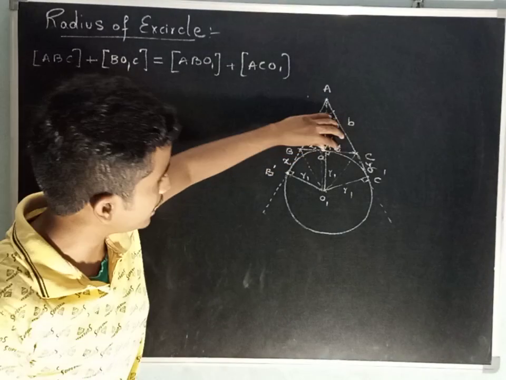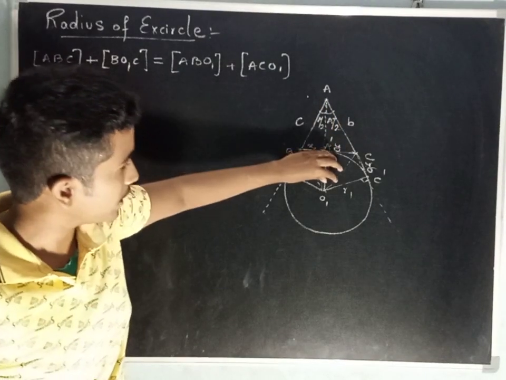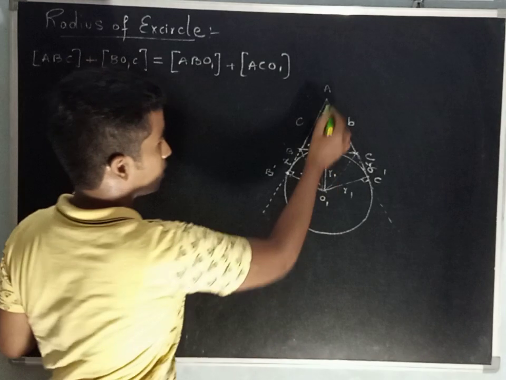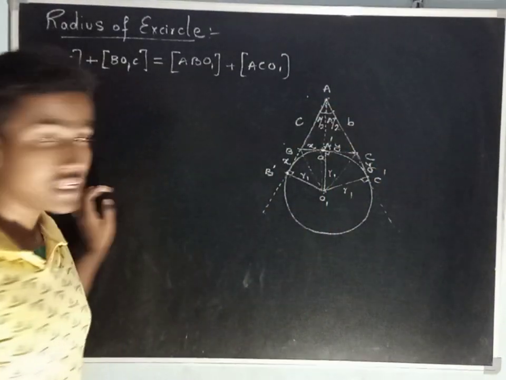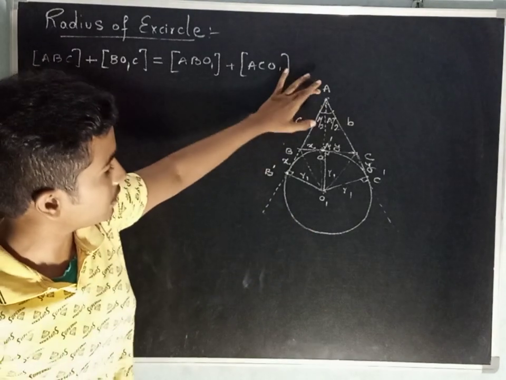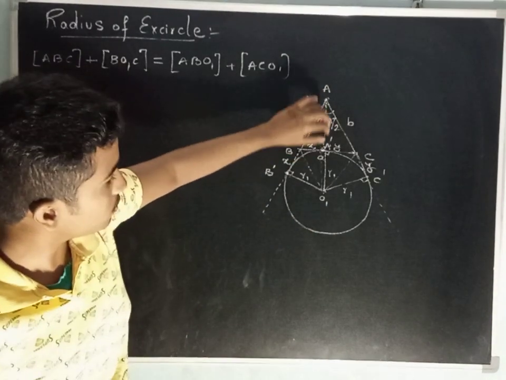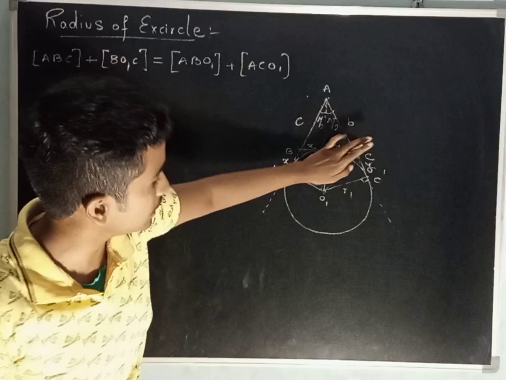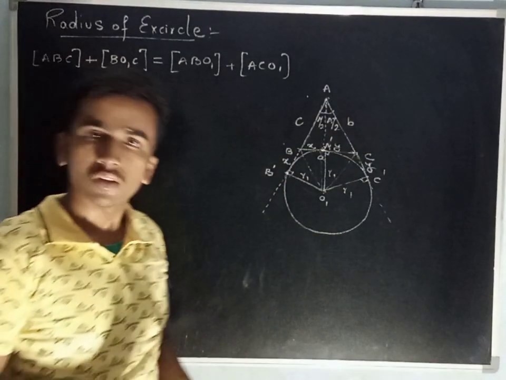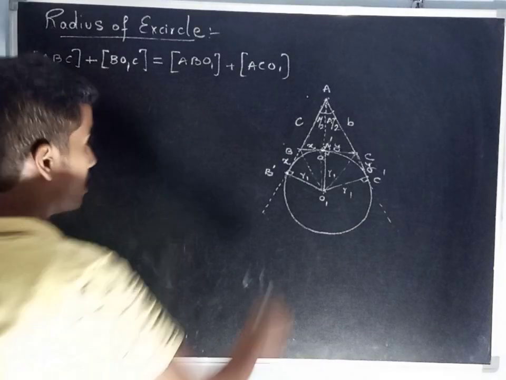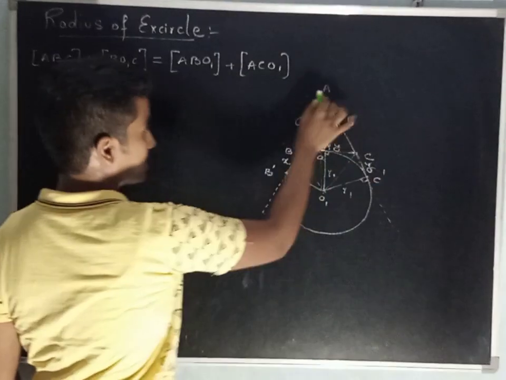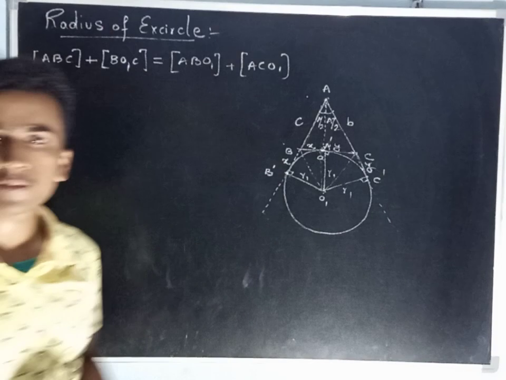And area of triangle ABC plus area of triangle BO1C, it means area of this whole part, can also be said to be area of triangle ABO1 plus area of triangle ACO1. Okay? Area of this part can be written in two ways like this.